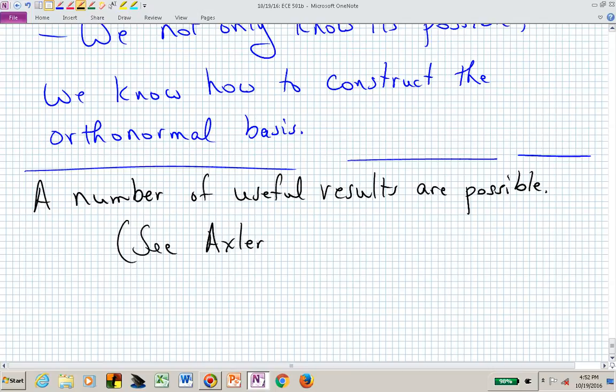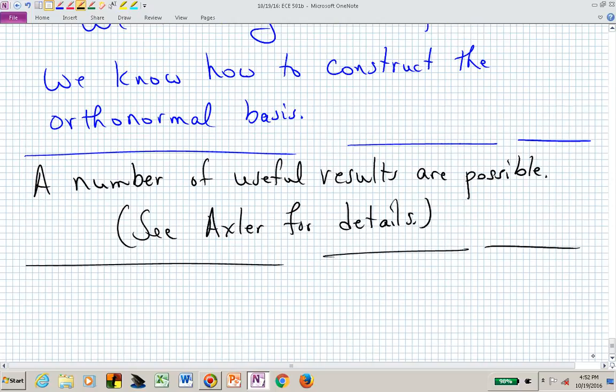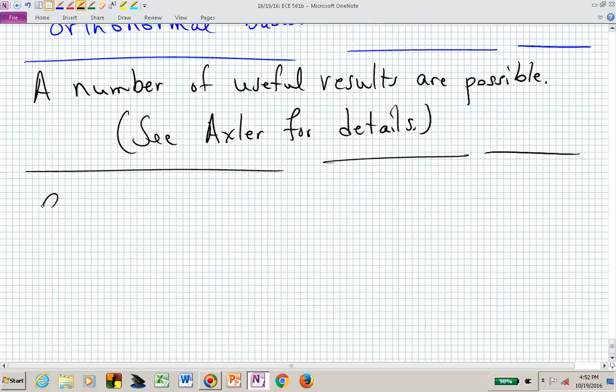And I'll just refer you to the text for the details. One is corollary 34, which now is labeled existence of orthonormal basis.